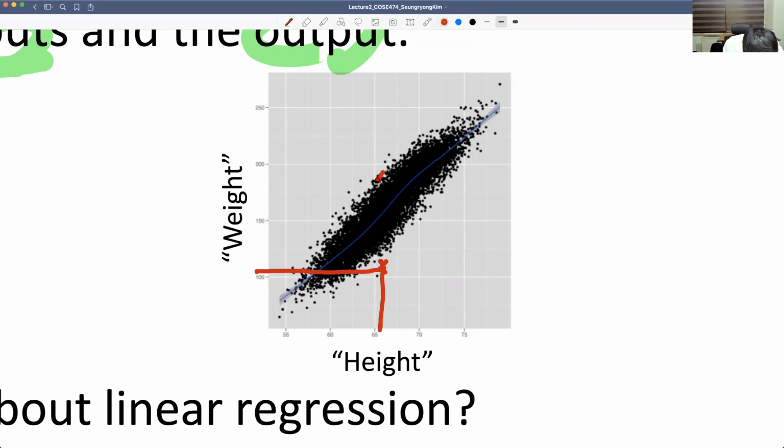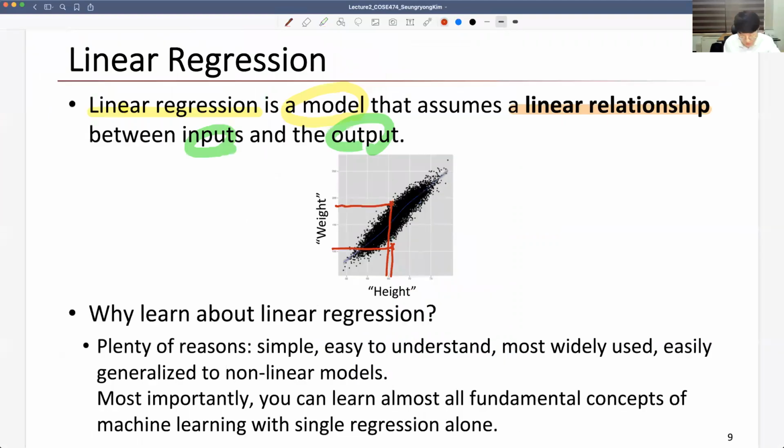Another person has a different height and different weight. From this kind of training data, we want to find the mapping function between height and weight. There are several kinds of possibilities, but in the linear regression case, we want to find the linear mapping function represented by this straight line. So in a linear regression problem, we want to find the straight line.